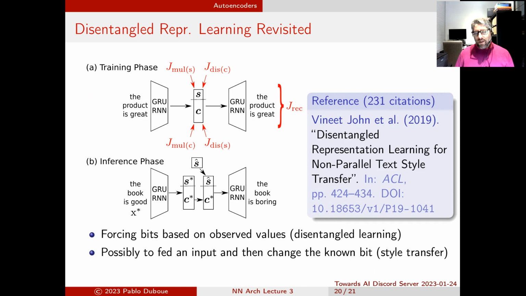And with this, we can revisit a little bit the disentangled representation learning, because when you have something like an autoencoder, you can say, I want to fix the bits I get in the hidden layer, in the middle layer, to have a particular semantics.